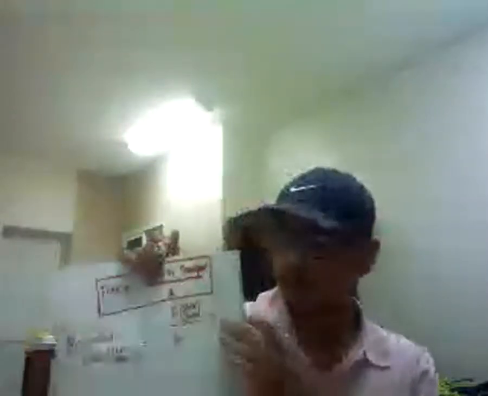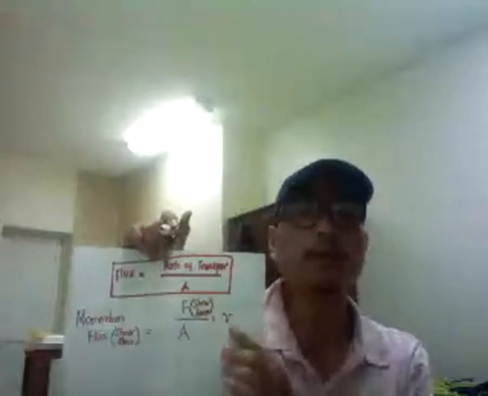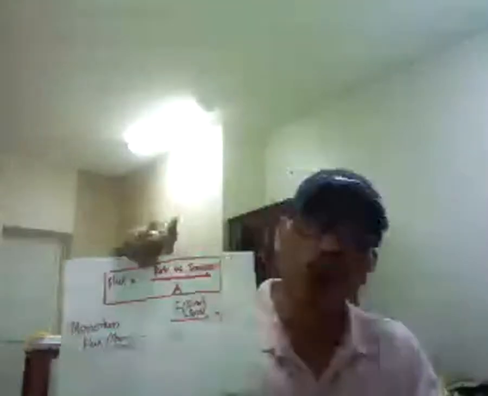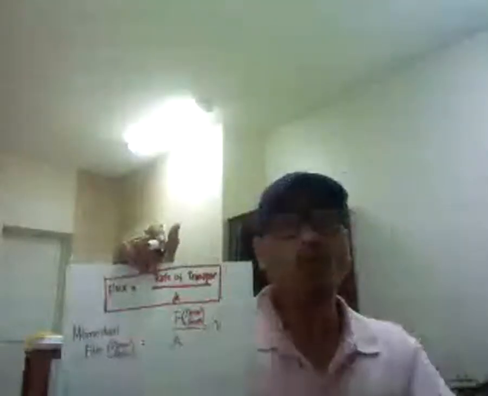Viscosity, and then specifically kinematic viscosity. This is the kinematic viscosity. This is a symbol to differentiate from the speed, which is v, and also from the volume.